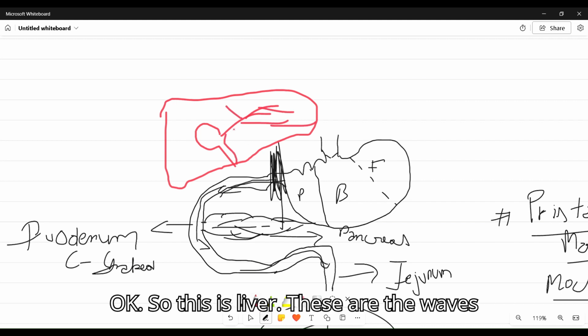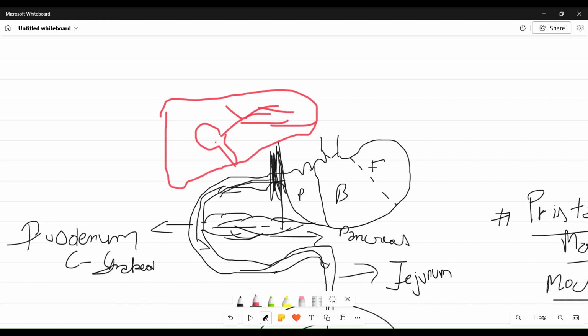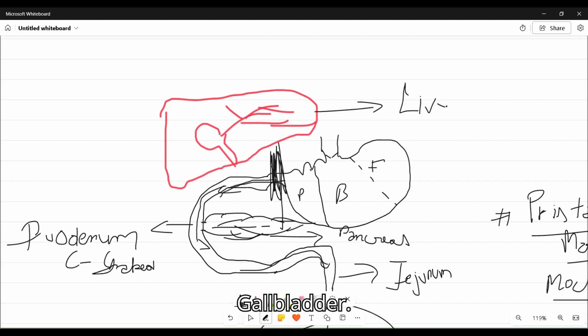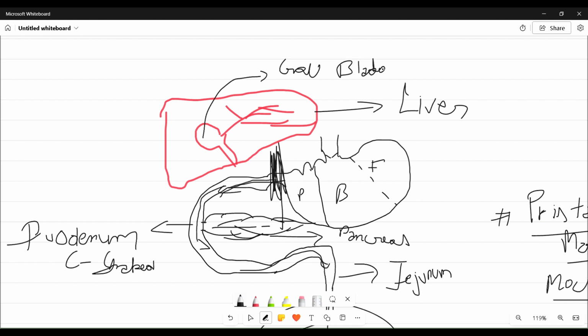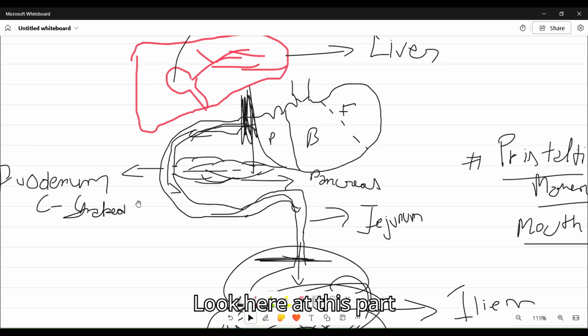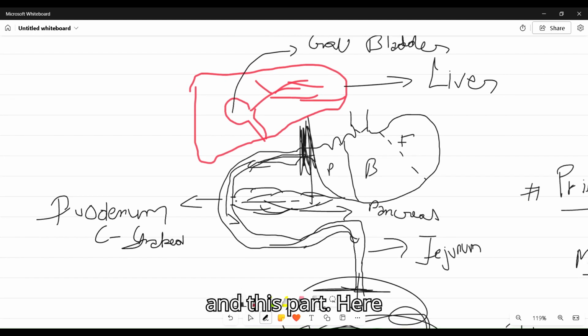So this is the liver, these are the veins, and this is the gallbladder.